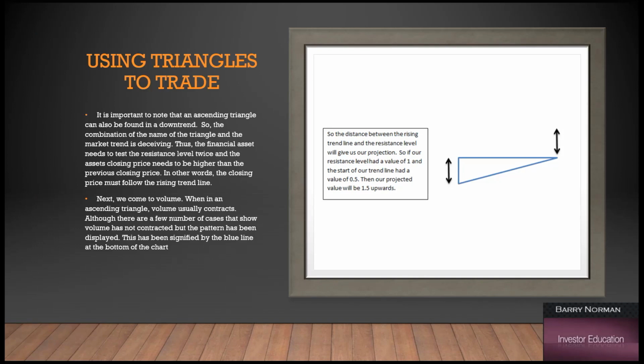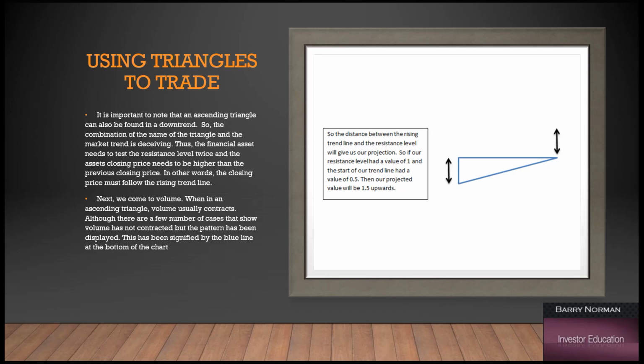Now, a triangle also can be used for calculations. Whether it is a wedge, whether it's a symmetrical, whether it's an ascending or descending triangle, there's always a base. Now, finding where that actual base is, the beginning of the triangle, is important.